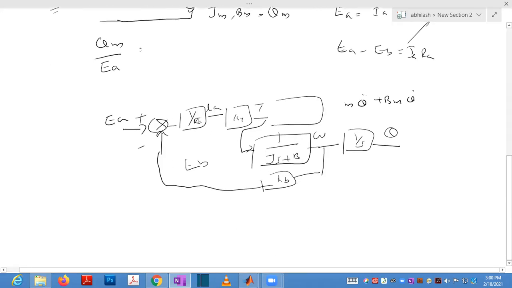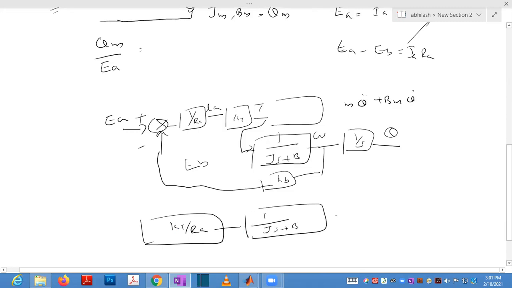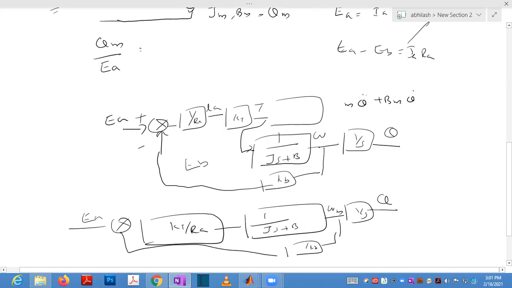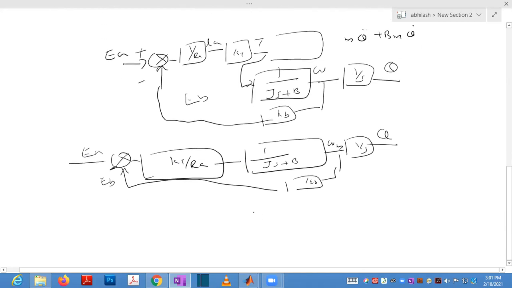So this forward path KT by RA is there, and this 1 by JS plus B is there, and that 1 by S will give you theta, and here it is coming omega m, and here it is KB, and here it is EA, and this one is EB, minus EB, EA, and all the things are filled. So this one is KB only.